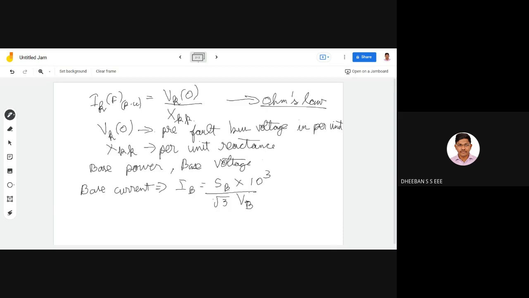This is how you can find the base current. It is a simple formula. Here the base power is S_B and the base voltage is V_B, a line to line voltage.